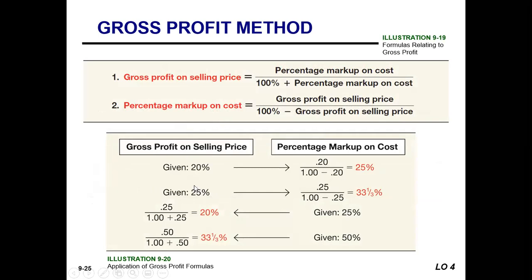Then we can take that and plug it into the formula to determine what the percentage markup would be on cost, right? Or if they give us the percentage markup on cost, we can plug that into the formula and determine what that would be as gross profit on the selling price, right? So both of these, we'll get practice calculating together.